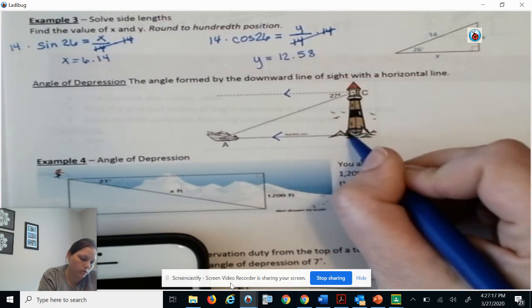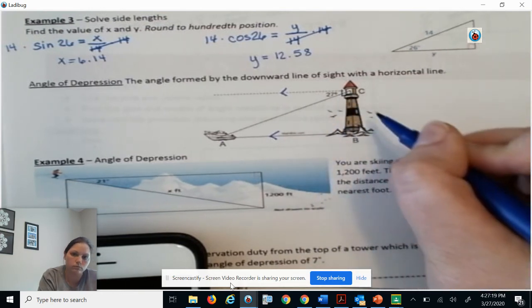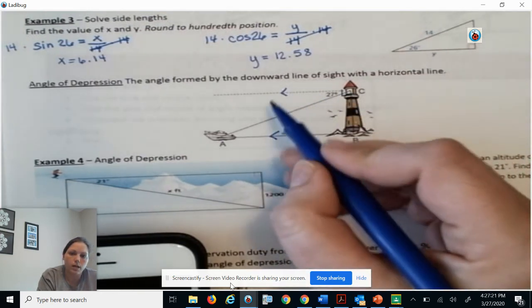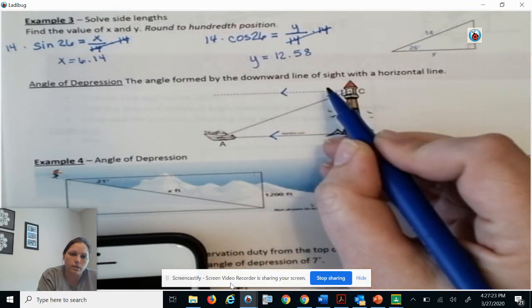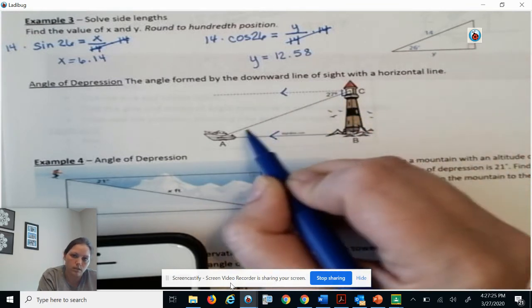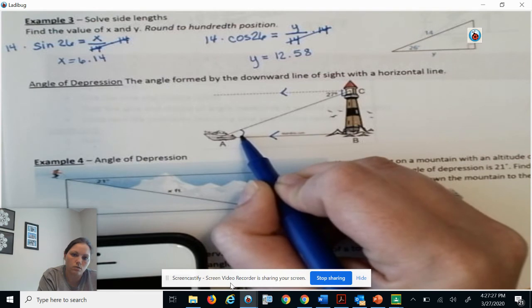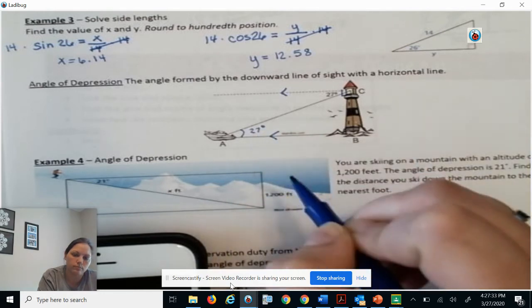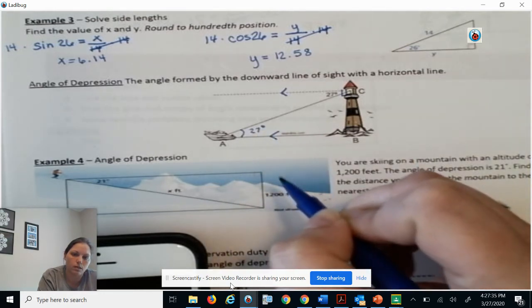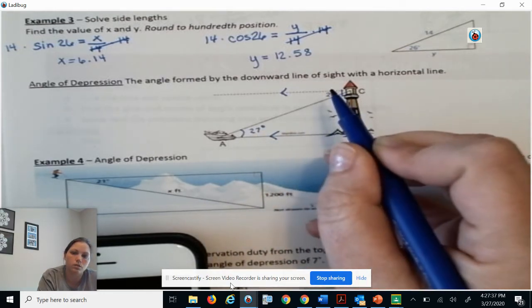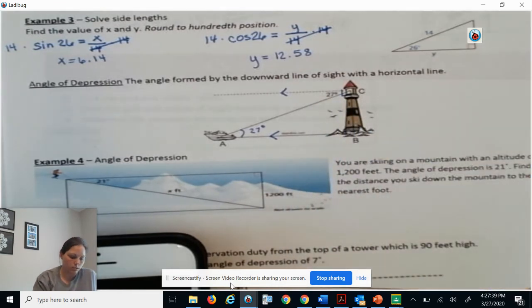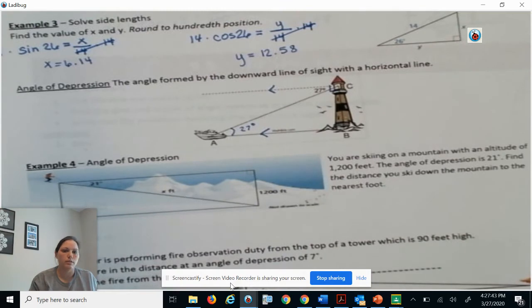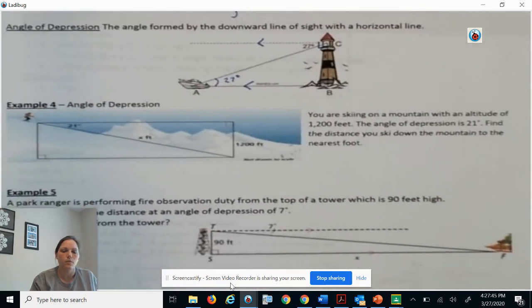They're both going to be 90-degree angles here. So the angle of depression and the angle of elevation are alternate interior angles, and they're going to be the same angle. Okay, so let's look at our skier here.